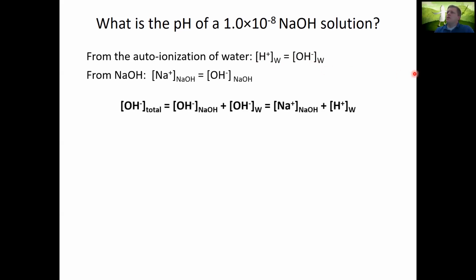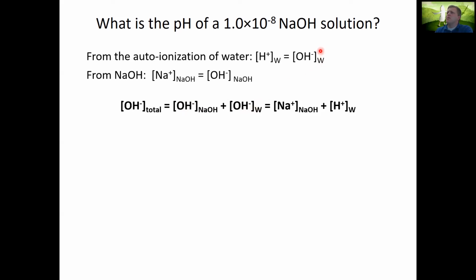We also know that the total amount of hydroxide that's in our water now is equal to the amount of hydroxide we got from our sodium hydroxide, plus the amount of hydroxide we got from our water. The problem is we don't really know what this value for the autoionization of water is. We do know how much hydroxide was added from the sodium hydroxide. So what we're actually going to do is, if you look, these are both negative ions.